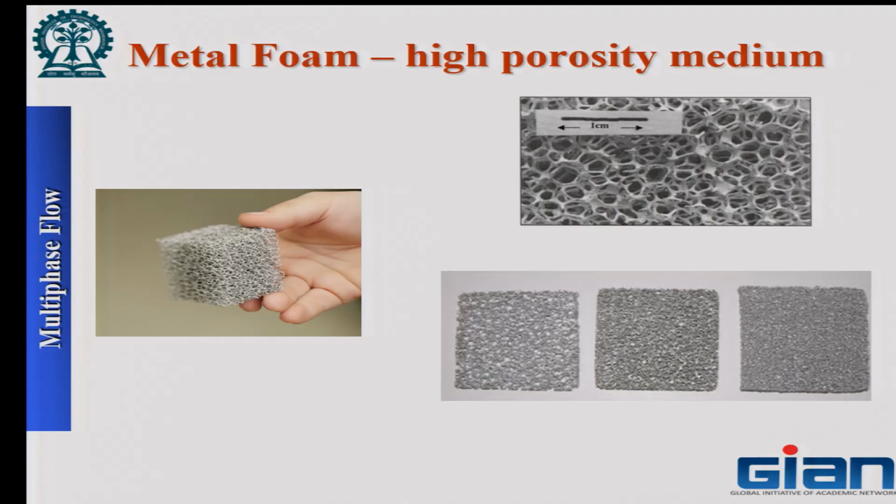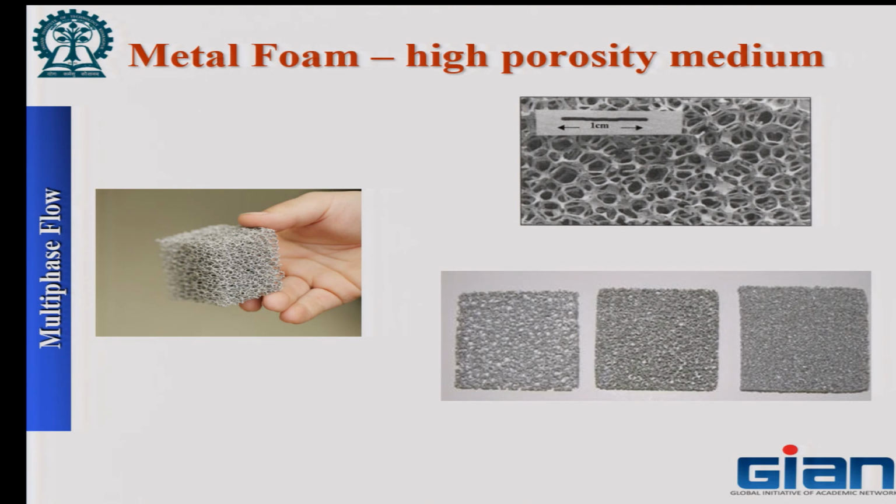But the characteristic feature of the porous medium of this metal foam is you can keep the porosity constant and vary the pore size, and you see over here the three figures right down here. These are larger pores, medium pores, very small pores, and what we call in metal foam literature is different PPI, standing for pores per inch. All these correspond to the same porosity, maybe 90%.